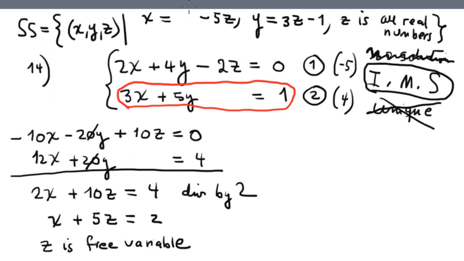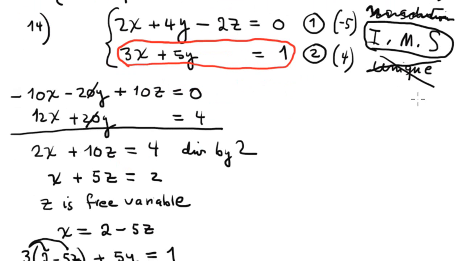One more time, we have infinitely many solutions. The dimension of our solution set is 1. It's a line in 3-dimensional context because we have only one free variable.